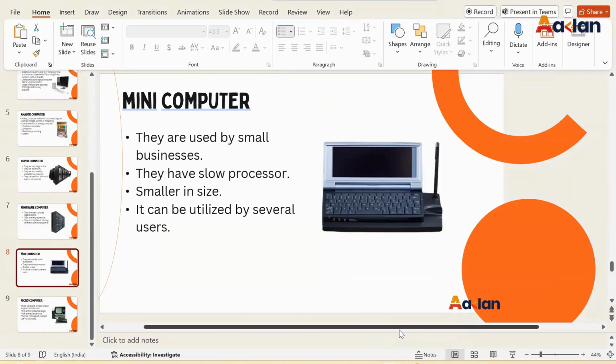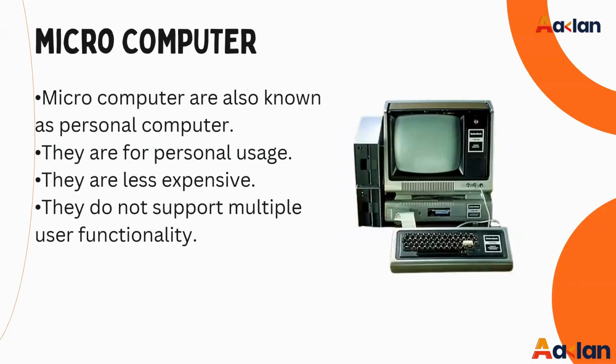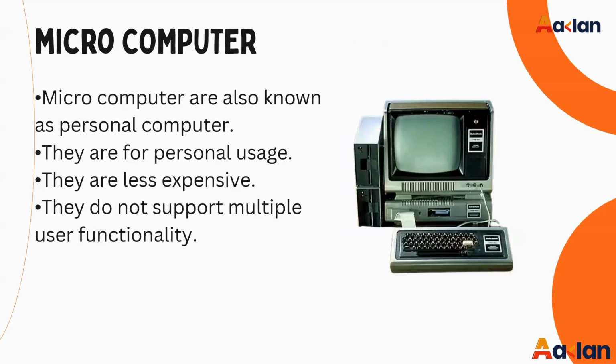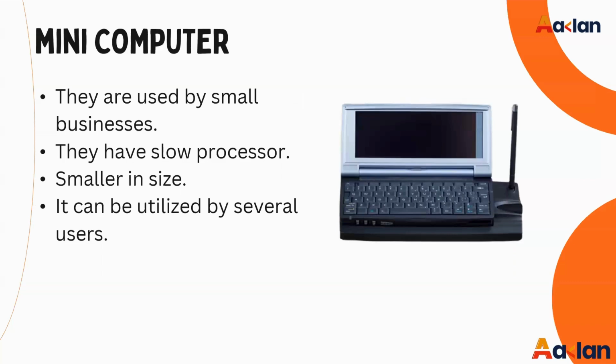Now, next, microcomputer. Microcomputers are also known as personal computers. They are for personal usage. They are less expensive and they do not support multiple user functionality. But mini computers are used by several users. This is the basic difference between microcomputer and mini computer as well, right? They are also known as personal computers, PCs. Mini computers can be utilized by several users.